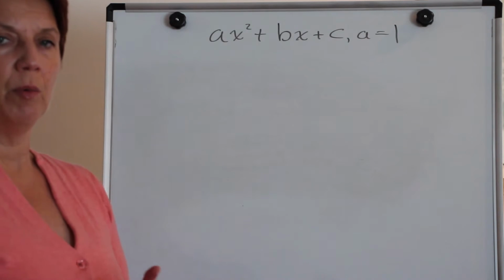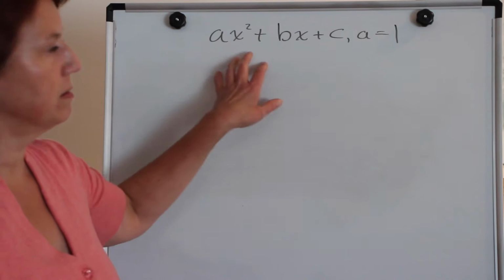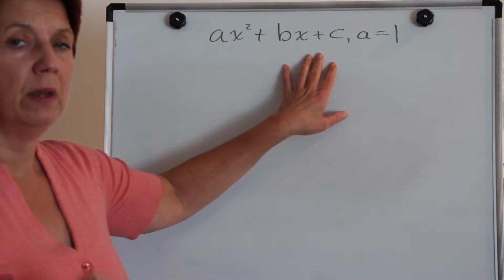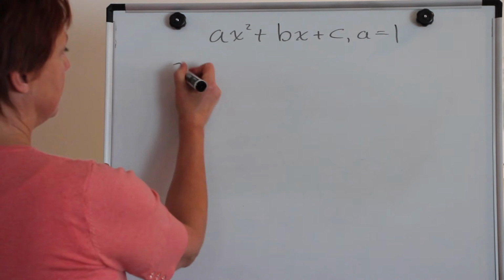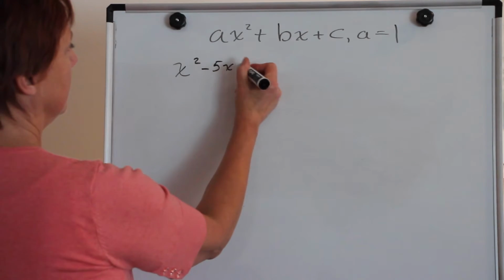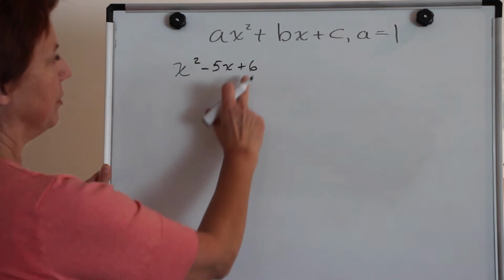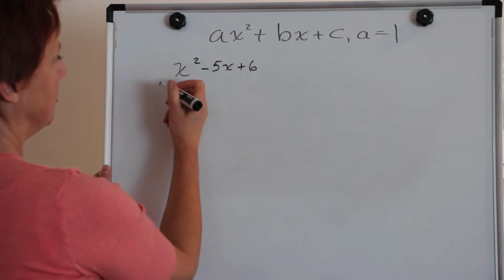Okay, so today we're going to take this factoring form and take it one step further. We've been doing fairly straightforward ones the last little while, ones like this, where we just have to think: what numbers multiply to make that number and add to make this number?